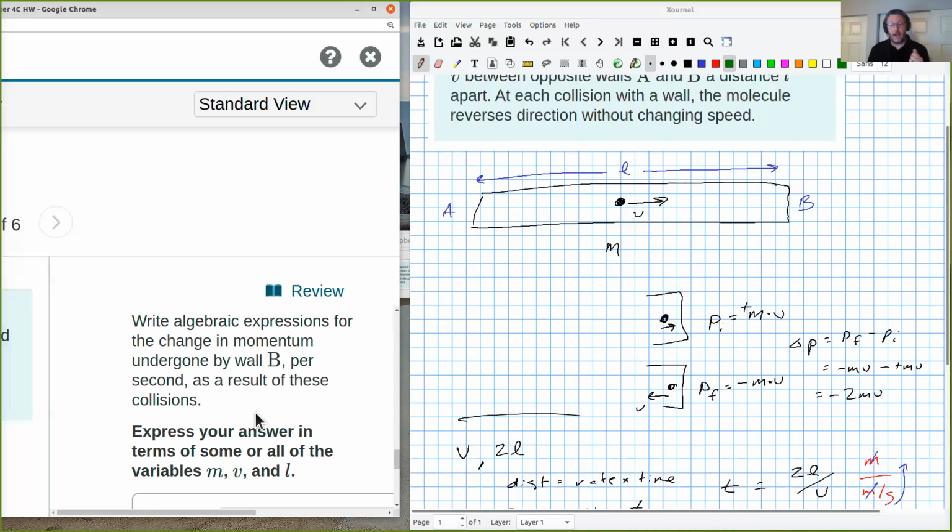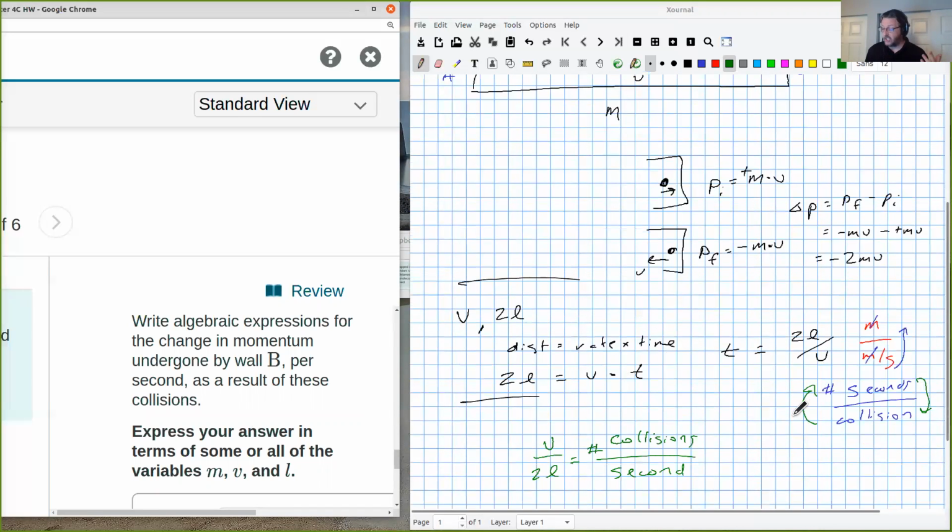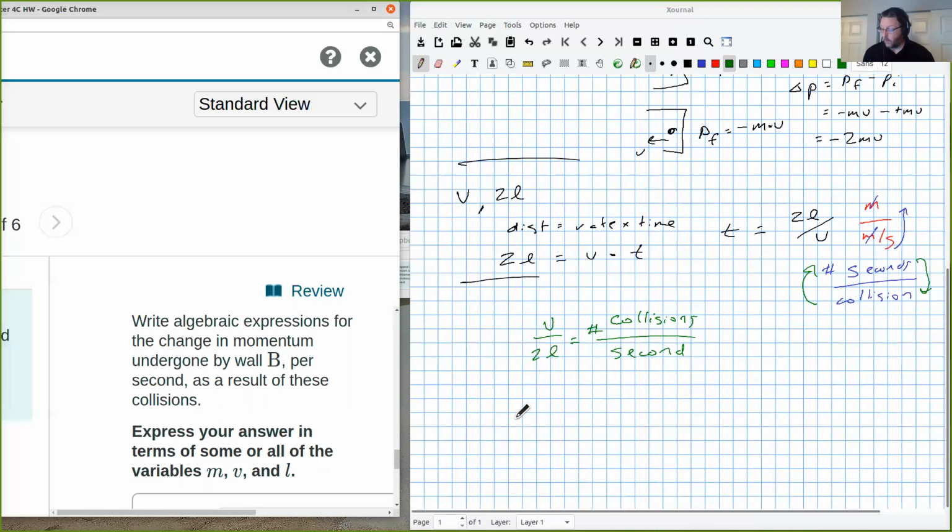Okay, well, in part A, I discovered that the momentum change for each collision was 2mv. And in part C, I just discovered how many collisions per second there were. So I want delta P per second. How much is the momentum change each second?